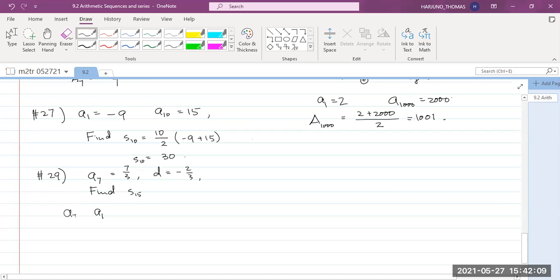The 7th term is the first term plus 6 times the common difference. So 7/3 equals the first term plus 6 times -2/3. So the first term is 19/3.